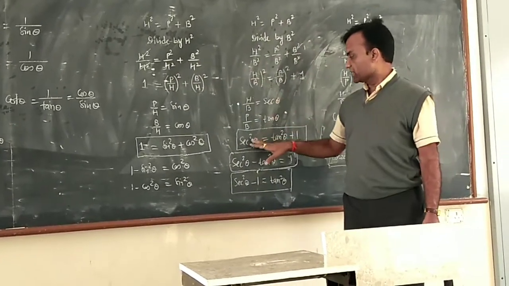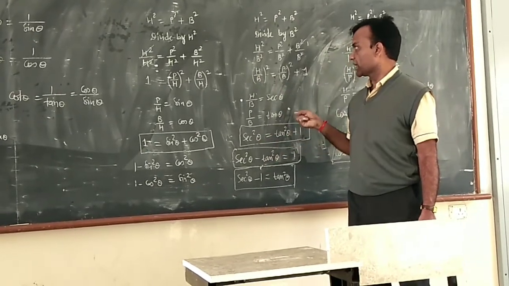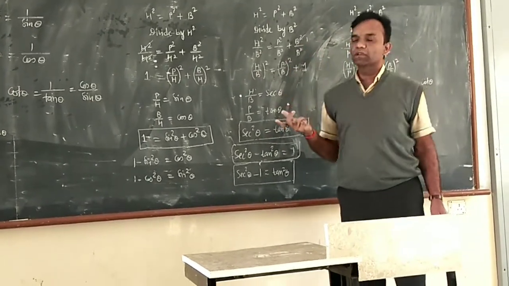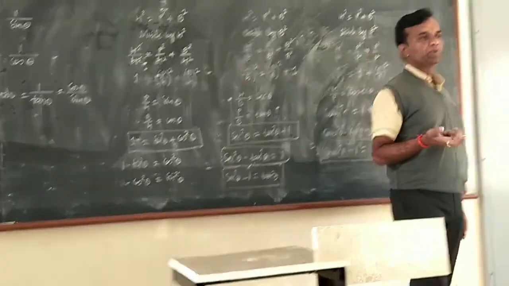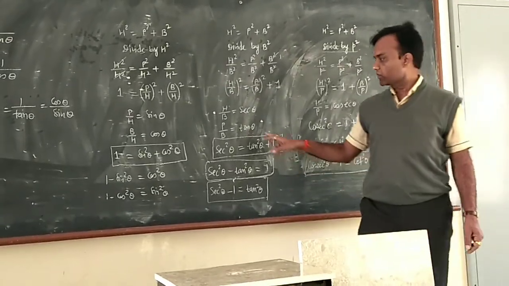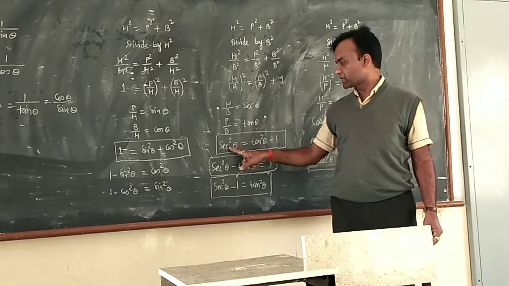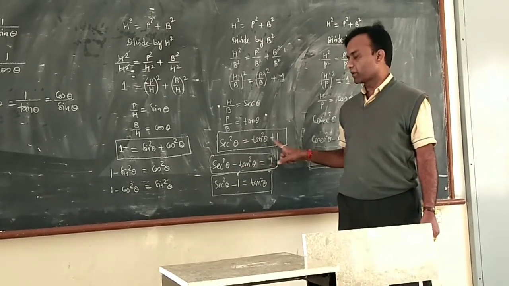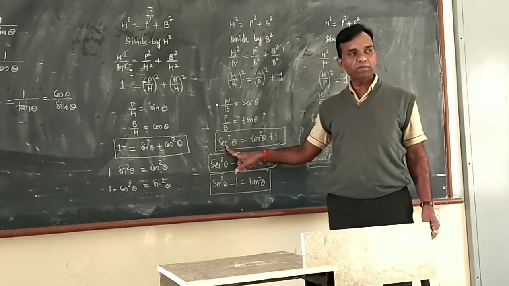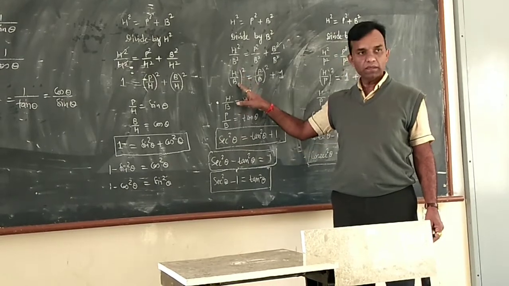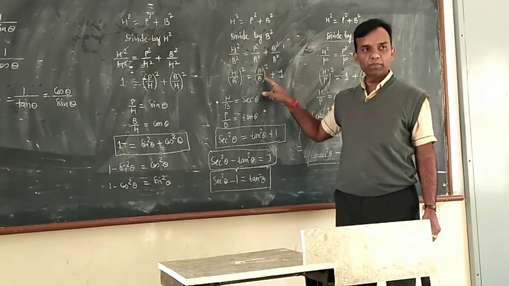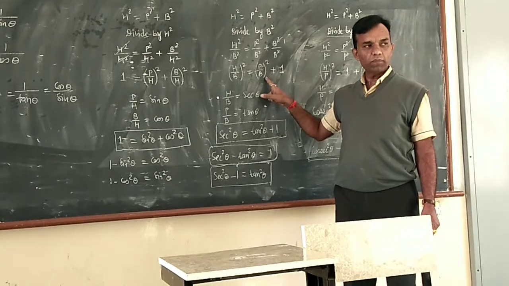Similarly, suppose another identity is given, how can you say by which side we divide? First check with the help of the formula. You can write sec square theta equal to tan square theta plus 1. Sec means h by b, and tan means p by b.